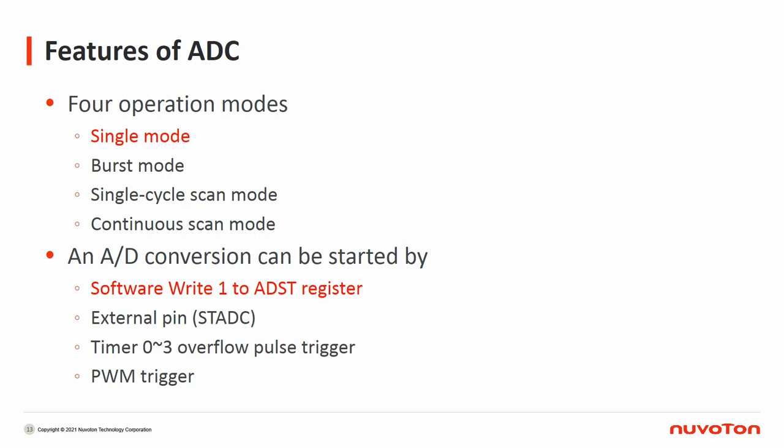In addition, an analog to digital conversion can be triggered by these 4 ways. It can be triggered by software writing 1 to ADST register. It can be triggered by the external pin SAR ADC. It can be triggered by timer. It can also be triggered by PWM.